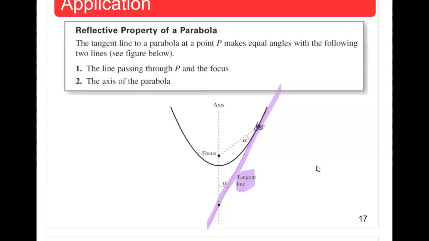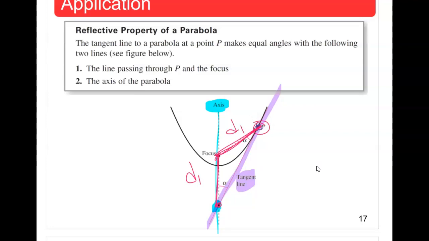And so the distance, okay, so that tangent line, if you extend it to the axis of symmetry that we see here, which is this vertical line, if you extend it so that it crosses that vertical line, and we mark that point of intersection, well, we could see that the distance from that point of intersection to the focus, let's call it D1, is the exact same distance from the focus to the same point that we started with.